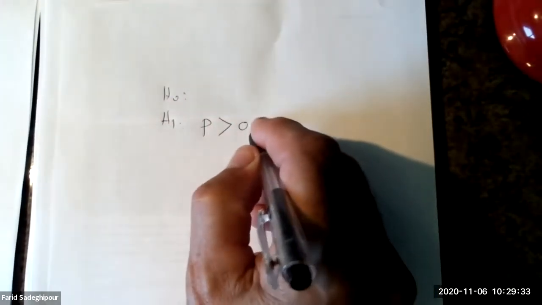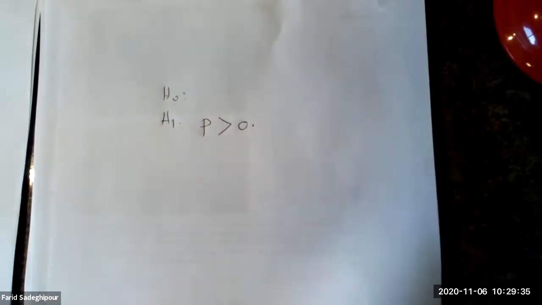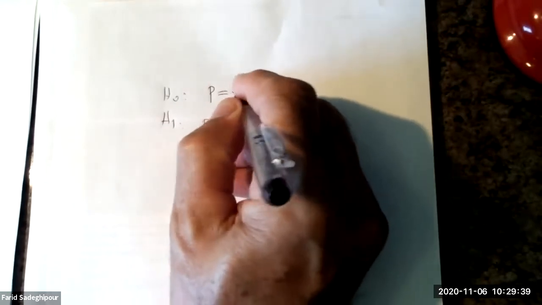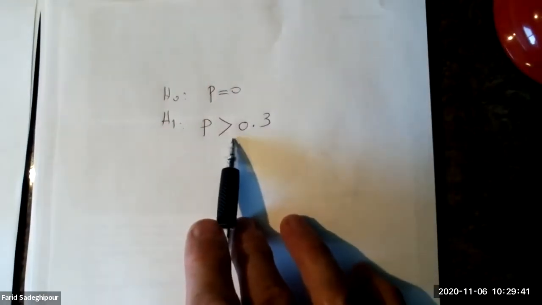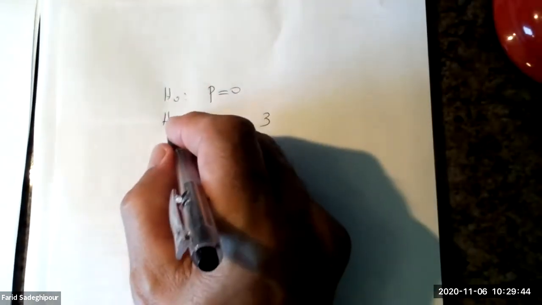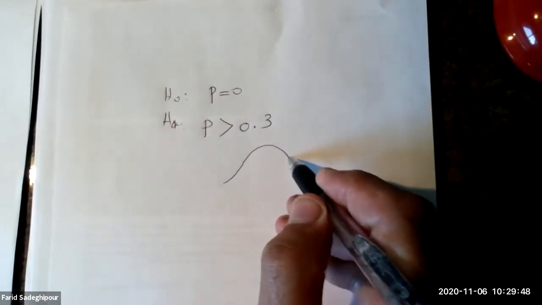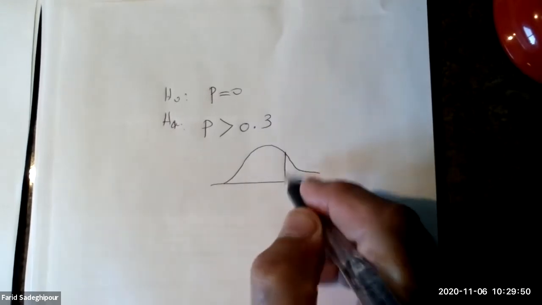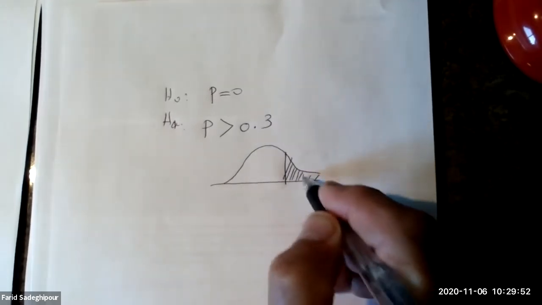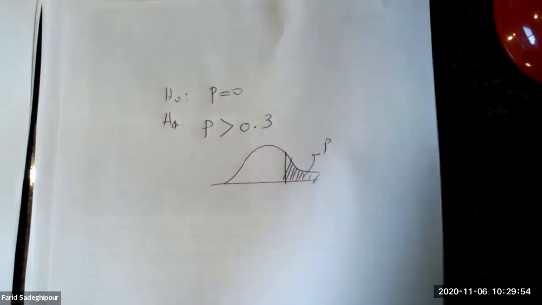Let's say our H1 is p greater than 0.3, and H0 is p equal. If the symbol of the alternate hypothesis is greater, then your graph is the right tail. This is the area that you find for the p-value.